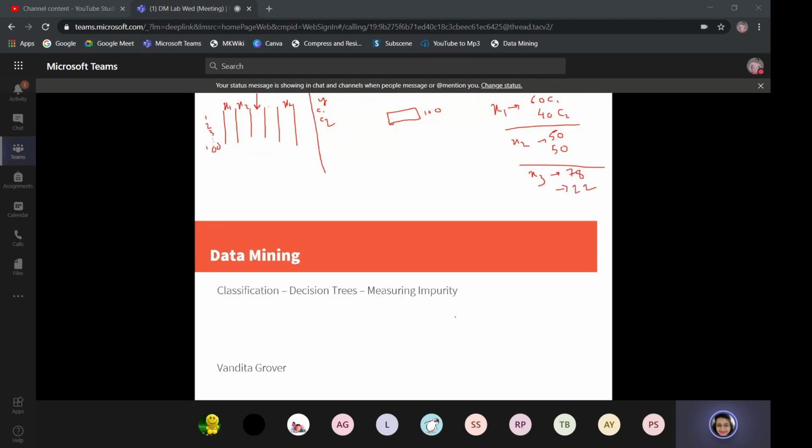So which attribute should I choose to split on? Does it give you any information just by looking at it? Which is more pure if I talk about these three?